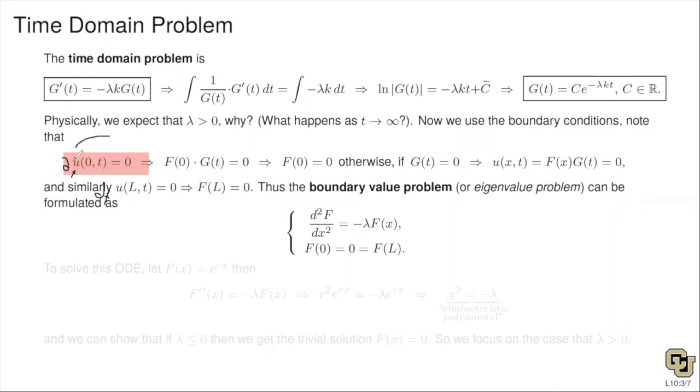What if this was the boundary condition instead? So that's what shows up on your homework 5. You have these types of boundary conditions. And so changing the boundary conditions, in that case I'd have a problem like this, where F prime equals 0. So changing the boundary conditions changes the nature of the problem, and therefore the nature of the solution.